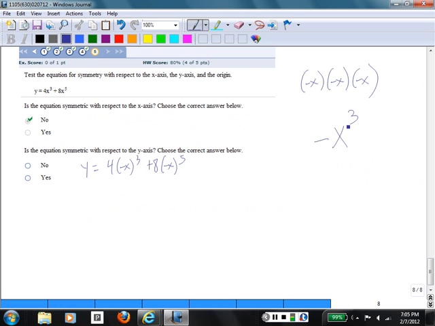Likewise, negative x raised to the 5th power is going to be the negative of x to the 5th power. Four out of five negatives multiply together to make a positive, but that fifth negative sticks around. So y equals negative 4x cubed minus 8x to the 5th. Is this identical to the original? No. If I multiply both sides by negative 1, is that going to make it identical to the original? It's going to fix the minuses on the right. It's going to mess up the y on the left. So no. So this is also a no. I guess I should check it, right? Green check mark rather than filling it in.